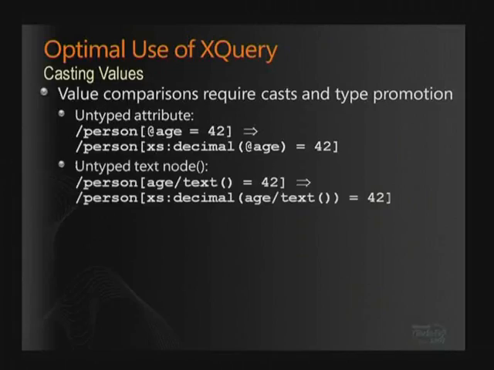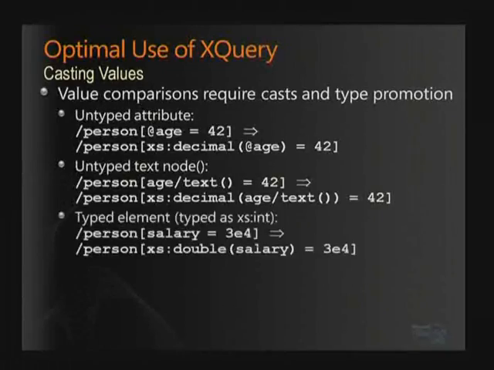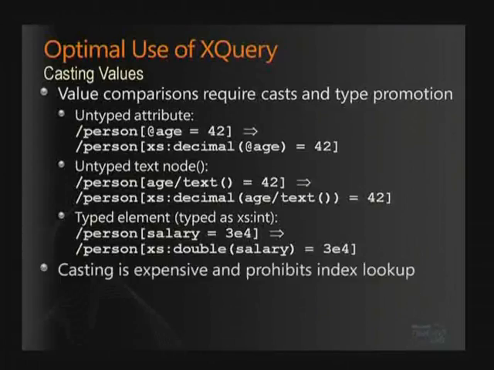In an untyped text node, the same thing. Also if I, for example, have a typed node, salary, that says I'm an xs:integer, but I compare it with a double, it gets implicitly cast to a double. So the important aspect here is that you should avoid these implicit casts if you care about performance.